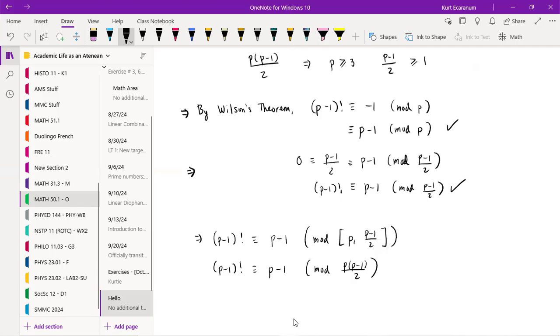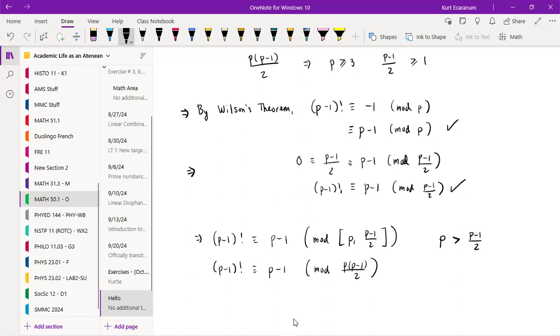But also, take note na since p, diba, we have p greater than or equal to p minus 1. No. It's less than. It's greater than (p minus 1) over 2, actually.